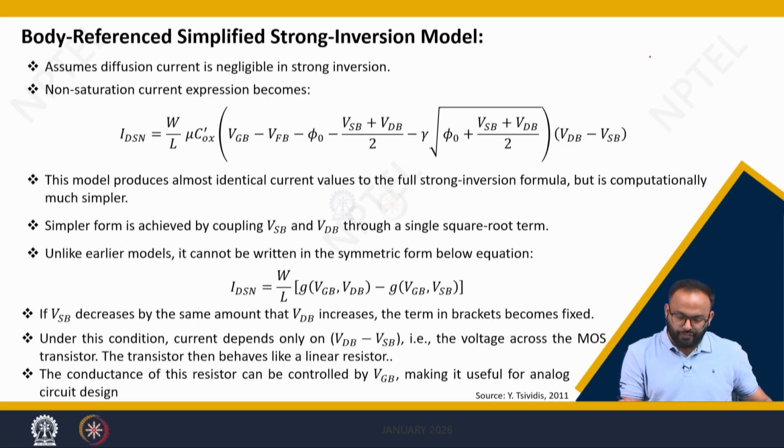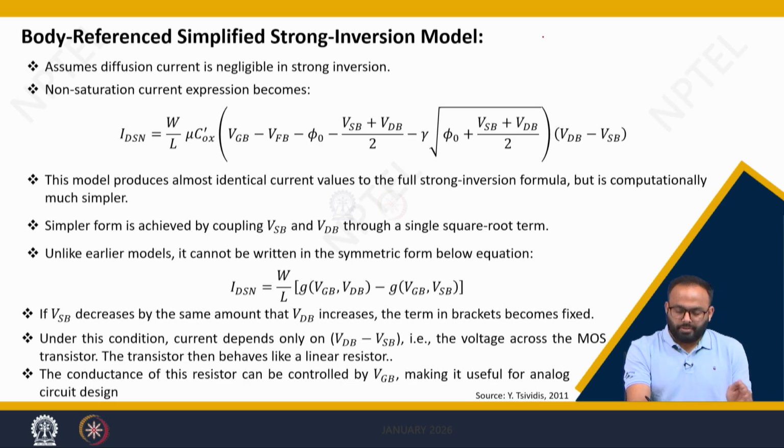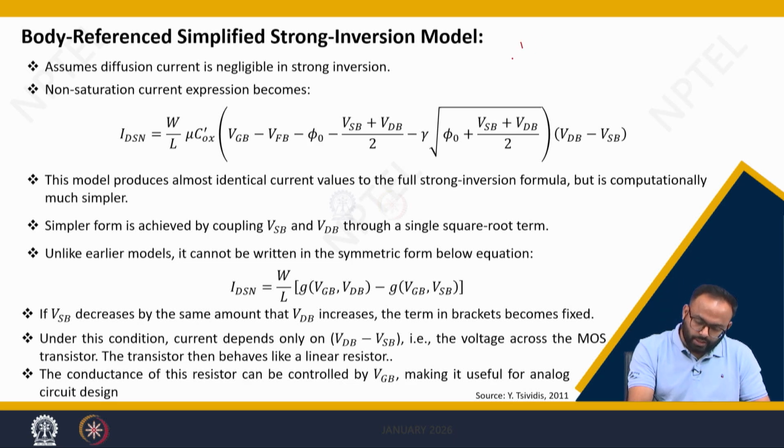So what is body reference? You remember we said that in our previous equation the square term VDB square minus VSB square is coming, and also VDB to the power 3 by 2 or 1 by 2 will also come.